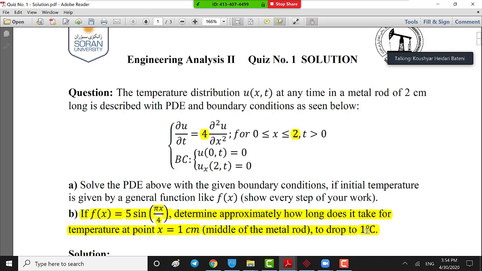Now, the solution to part B has two parts. First, we need to calculate the actual u of x and t for this specific f of x that is given to us. And then we're going to be able to determine how long it takes for temperature at this point to become equal to this value. Okay? So, let's get to it.